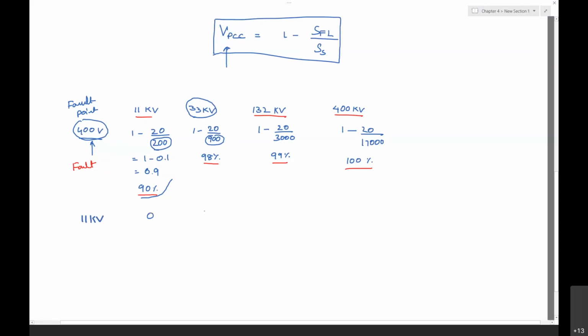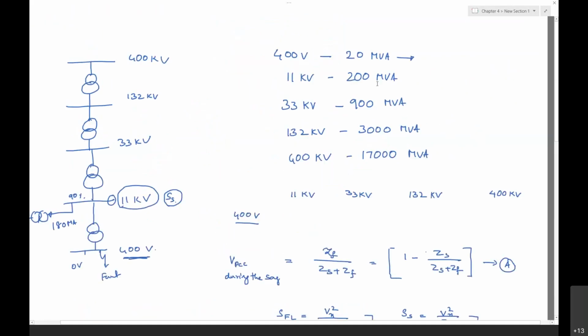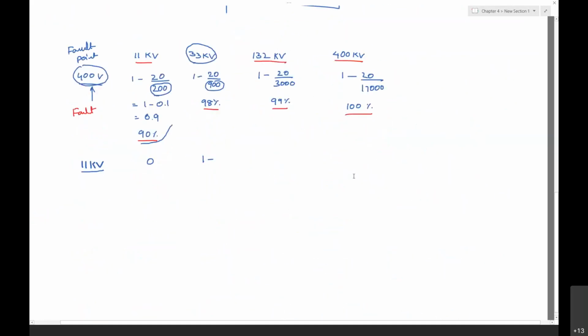Now with the fault at 11 kV, we are going to measure the 33 kV bus voltage. At 11 kV, the fault MVA is 200 MVA, divided by the source MVA, which is 900. The voltage becomes 78 percent.